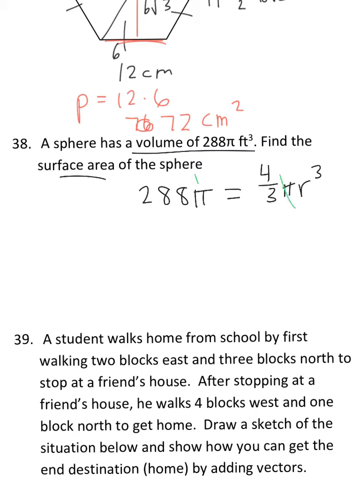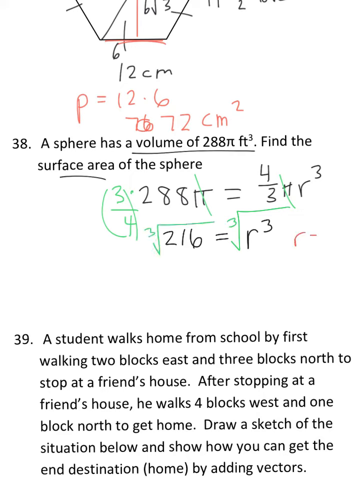So the pi's cancel out, and you're going to multiply both sides by 3/4. So you get 216 equals r cubed. Then you take the cube root of it. So r equals 6 feet.